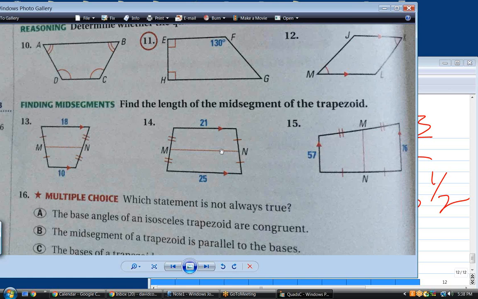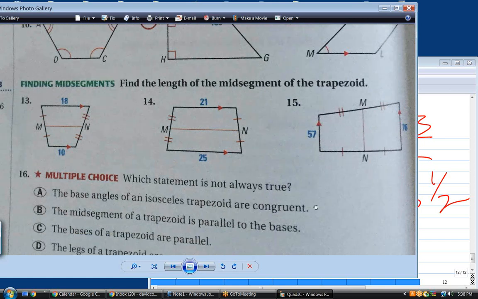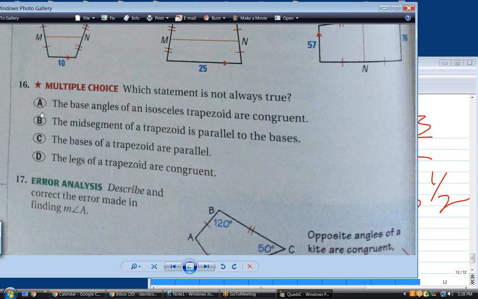So that would always be true. Over here, the bases are this side and this side. Sometimes your bases are vertical, but the mid-segment is always parallel to both of those parallel bases. So that's always true.